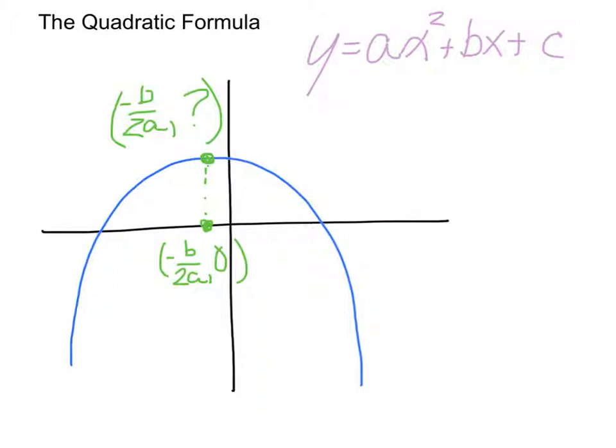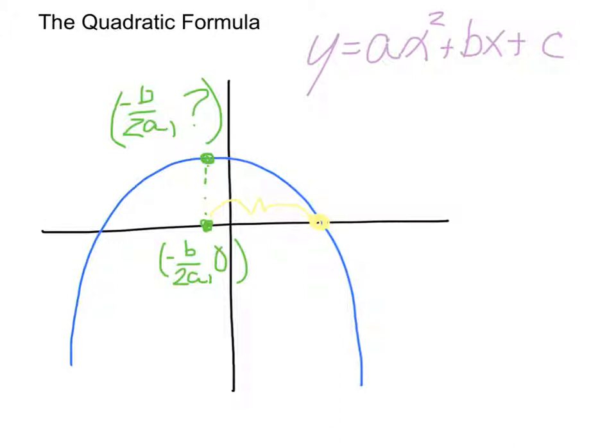Now, there's another part of our formula that indicates the distance from root to root. The distance from this point, negative b over 2a comma 0, to this first root can be described by the following formula. Let me get a new color for that.